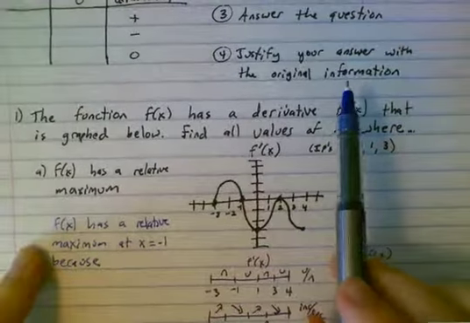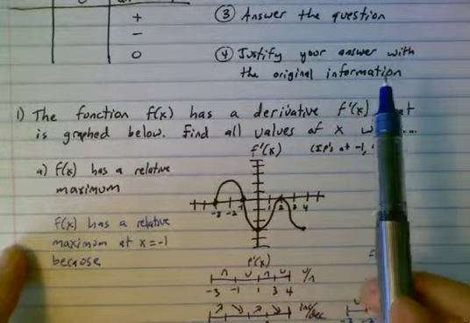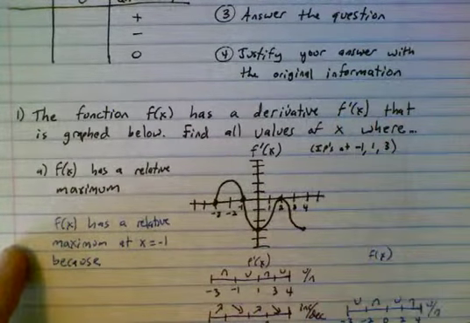And this is the justification part. We need to include stuff from the original information, f prime of x, and also what that means for f of x.